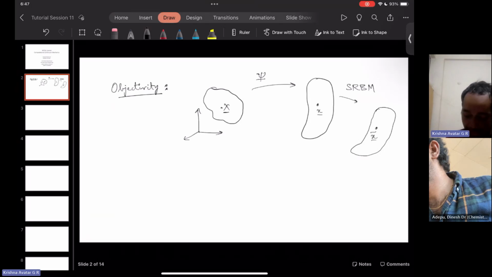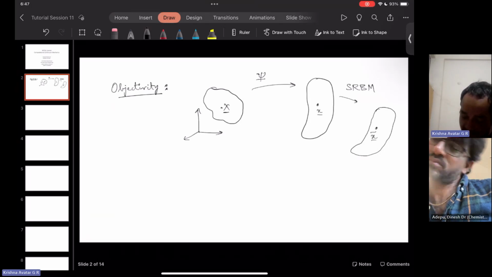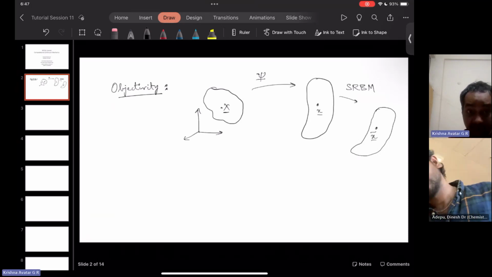So in objectivity, after SRBM, there are certain relations which have to be satisfied by a scalar, by a vector, by a two-point tensor, which we saw.